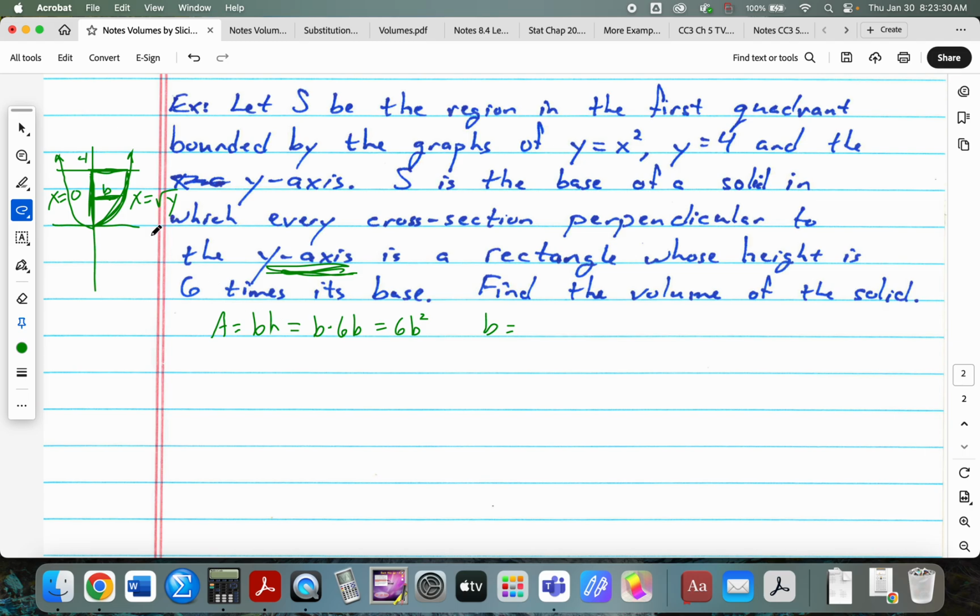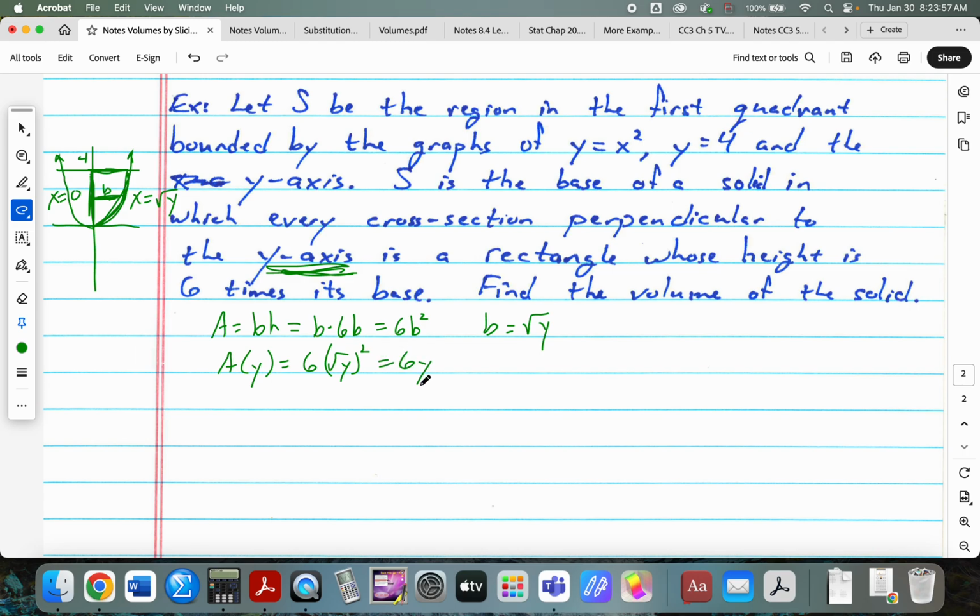At any slice that I take perpendicular to the y-axis, it's always going to be right minus left, bigger minus smaller. So that's going to be the square root of y minus 0, which is just the square root of y. So the area in terms of y is 6 square root of y squared.